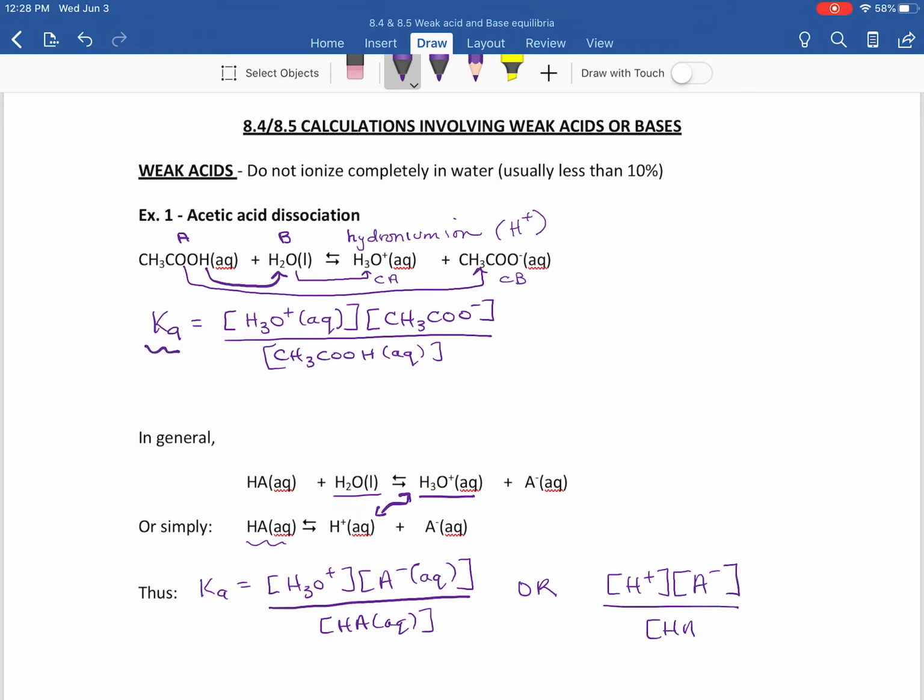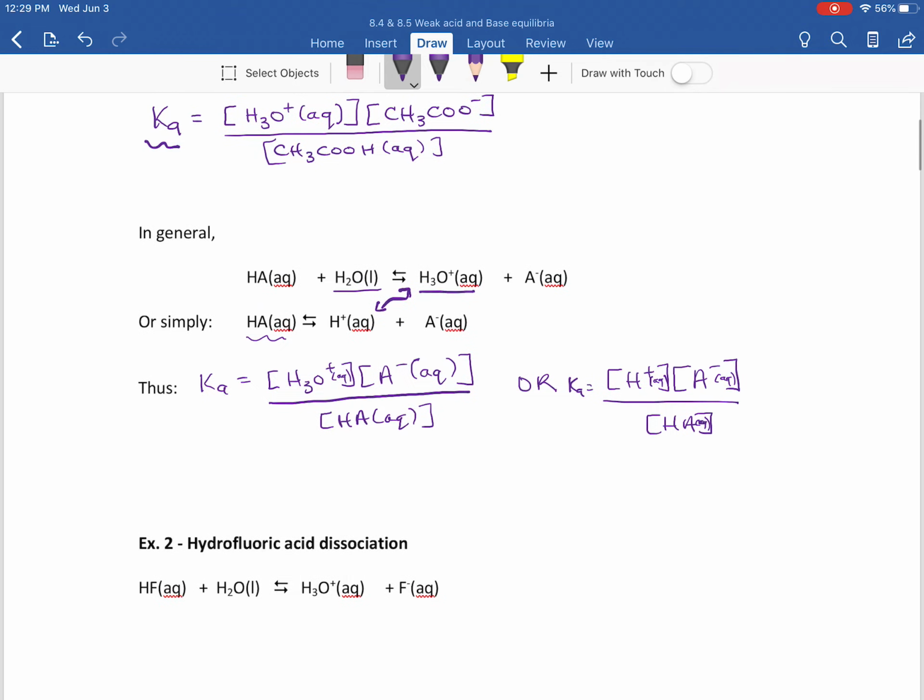So we can write it one of two ways, and I'll just put that Ka there. And I just realized I left out all my aqueouses, so I'll draw them in just to be consistent. So these two mean the exact same thing. We're either assuming water's there or we're putting it in the equation but not using it in the Ka formula. All right, so let's take a look at another example.